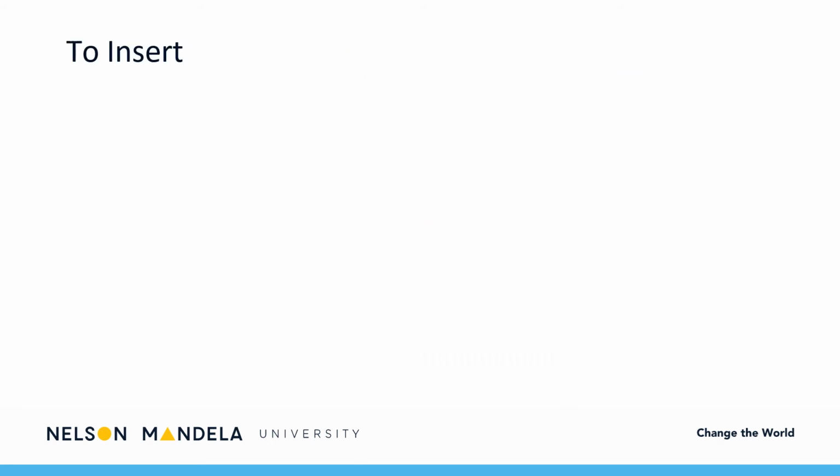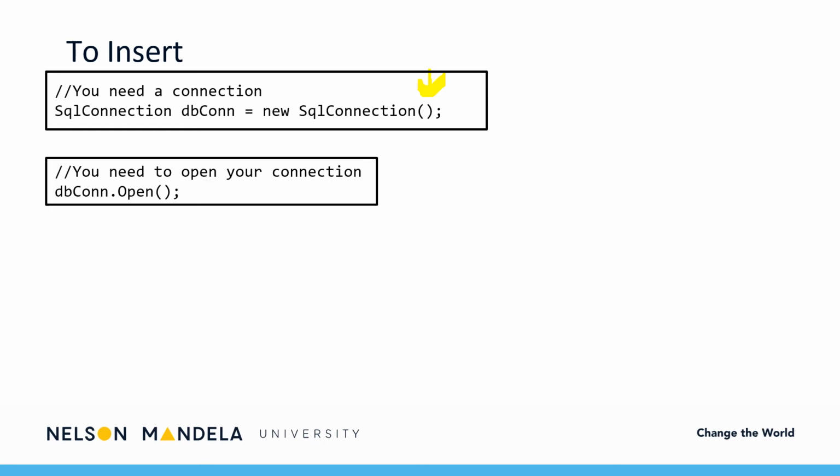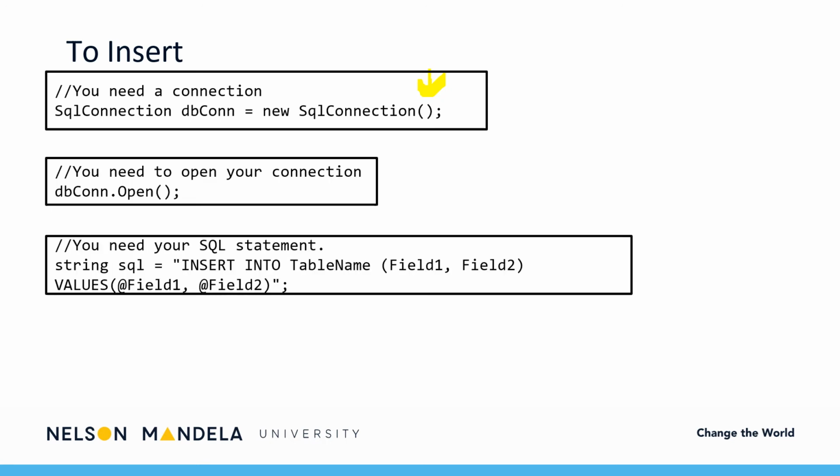So now in order for you to insert data, you need a connection. So you're going to have your SQL connection, and then over here you're going to pass that SQL connection string. And then you need to open your SQL connection, and then you also need your SQL statement.